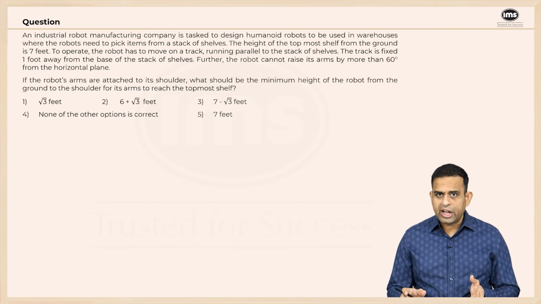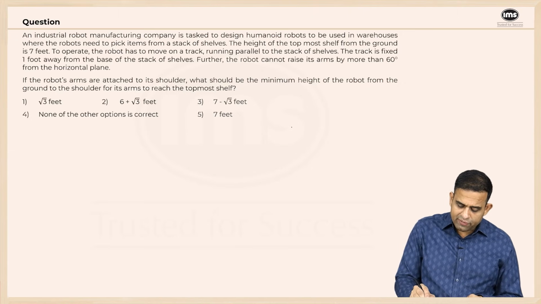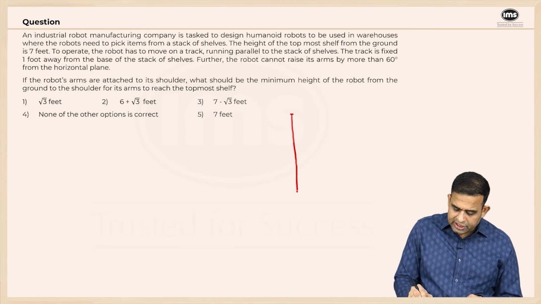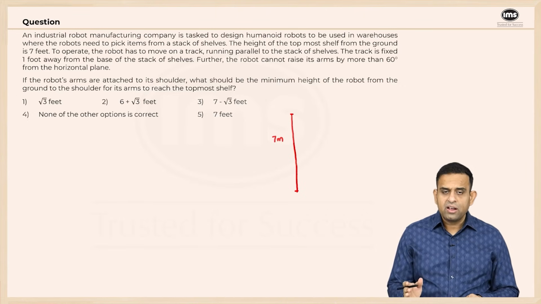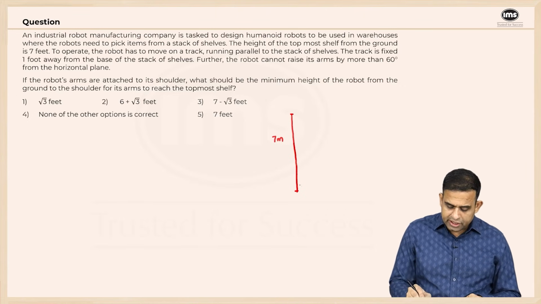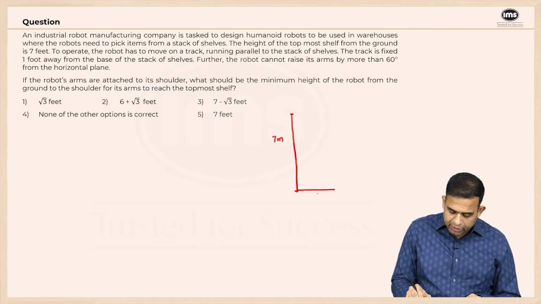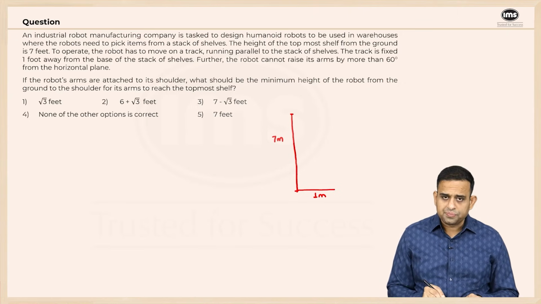So understand what they're trying to convey in this particular case. Suppose we have the top shelf where the height is given to you as 7 meters. Now, suppose the track where the robo can move is at a distance of 1 meter over here.